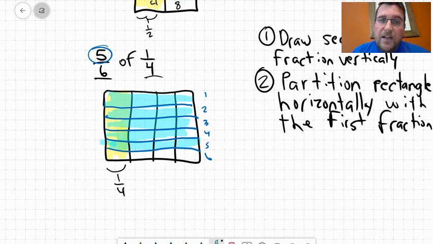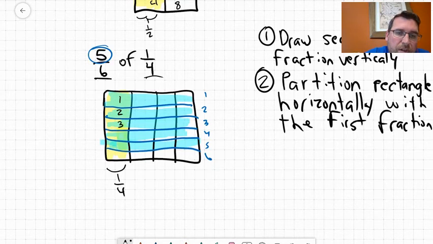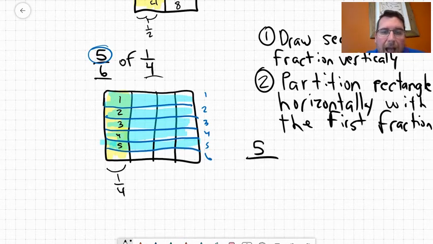So wherever I find green, that's what our answer is. So if I count them up, I've got 1, 2, 3, 4, 5 sections colored green out of, well, I could count all these up, but I know I've got 6 rows and 4 columns. 6 times 4 is 24.